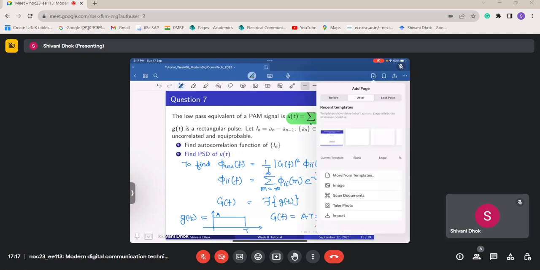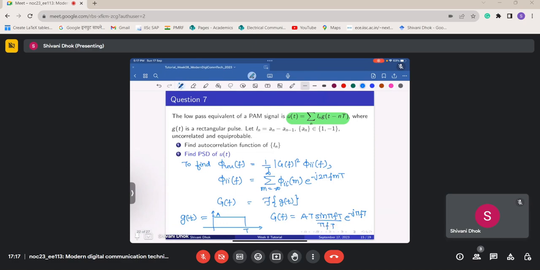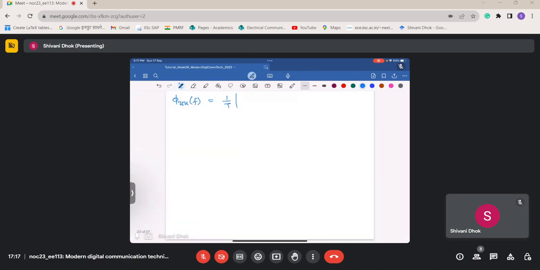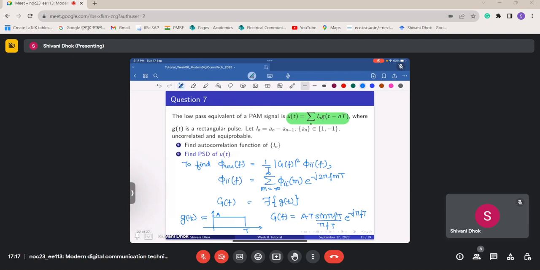Okay, so if we have this information, phi_u(f) is equal to 1/T multiplied by the magnitude square of this quantity G(f).